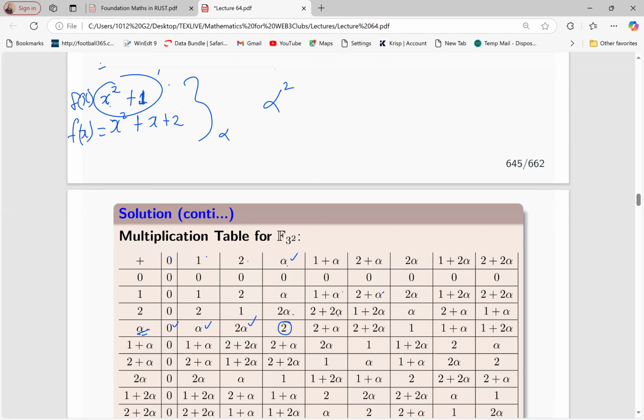When alpha is a root of this, we expect that alpha square plus 1 will give us 0. So that means alpha square, therefore, is negative 1. But negative 1 mod 3 is 2. That's what we write here.